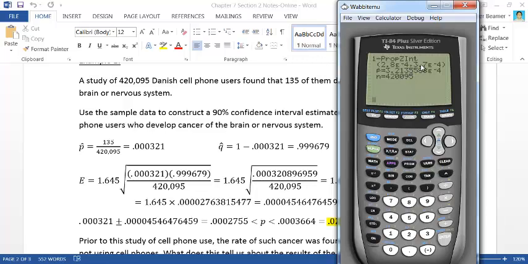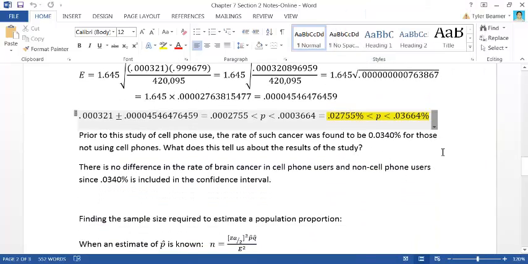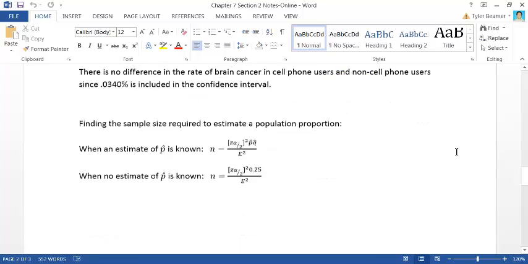And then this is our upper bound, which matches up with the upper value of our proportion before we make it a percentage. Okay, so that's very helpful when finding a confidence interval dealing with proportions. And then of course you could assess that information in terms of your problem.